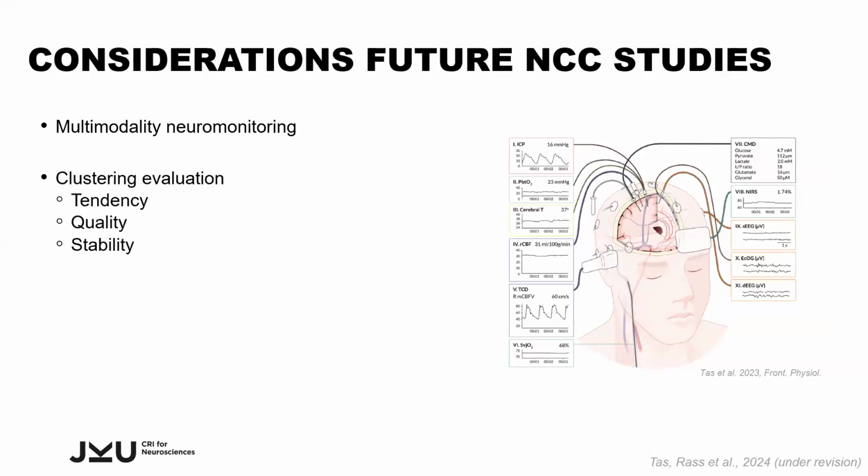Second is the evaluation. We also tried to assess the quality of the studies, but due to the heterogeneity in reporting the methods, this was really challenging. Cambert et al. explained how you could assess clustering results. And he described 3 categories of assessment: the tendency, the quality, and the stability.